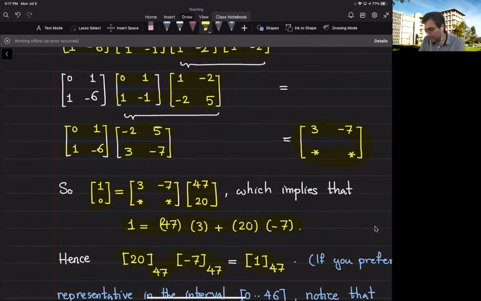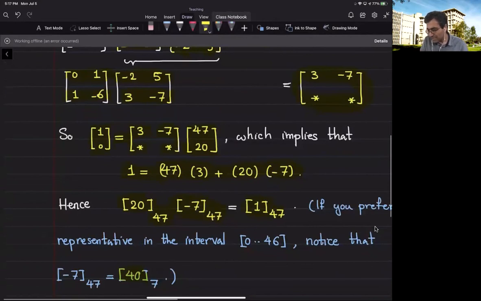Now, we showed that this is a multiplicative inverse of the residue class of 20 mod 47. If we prefer a representative in the range from 0 to 46, of course, we can point out that the residue class of negative 7 is the same as the residue class of 40. So we get a representative in the desired range.